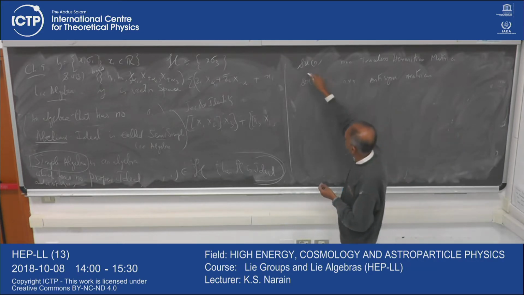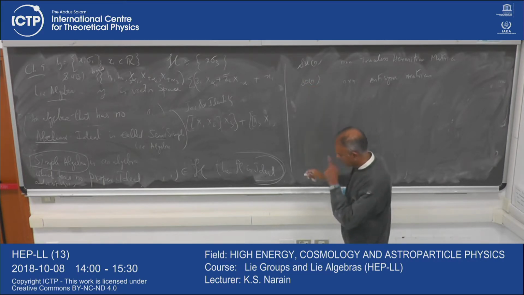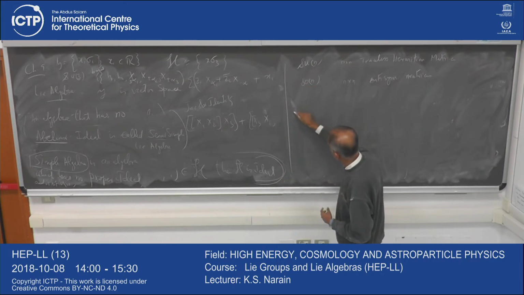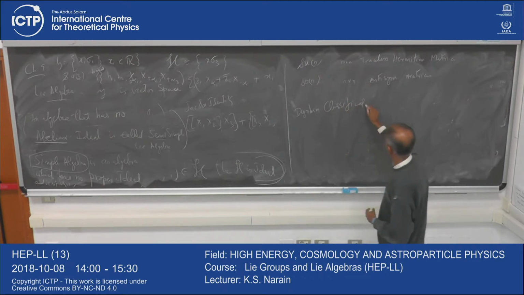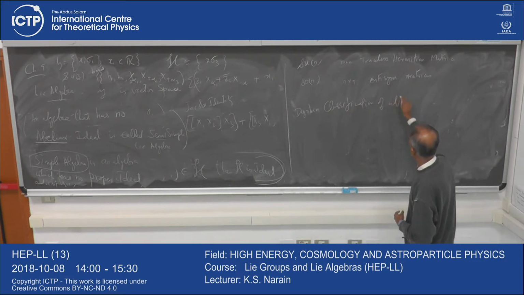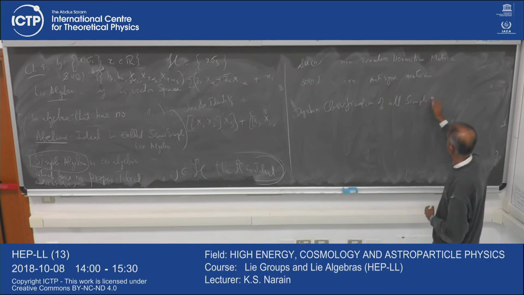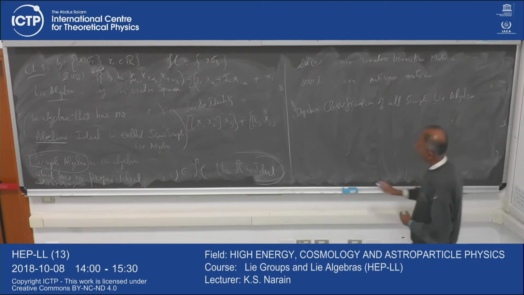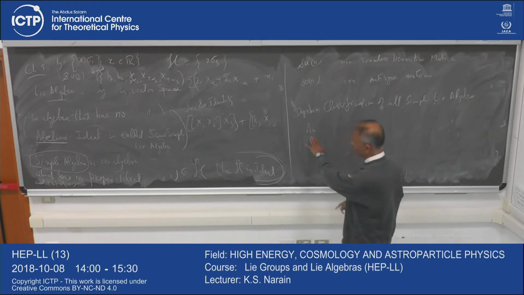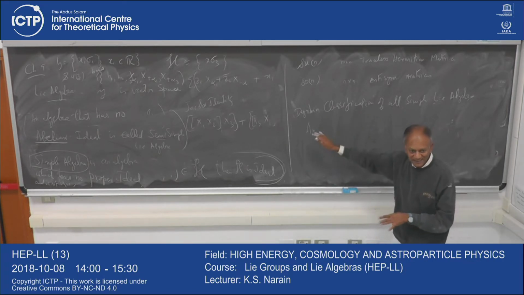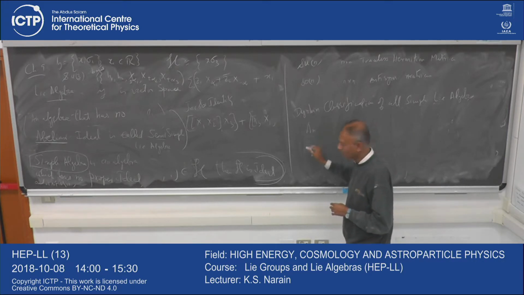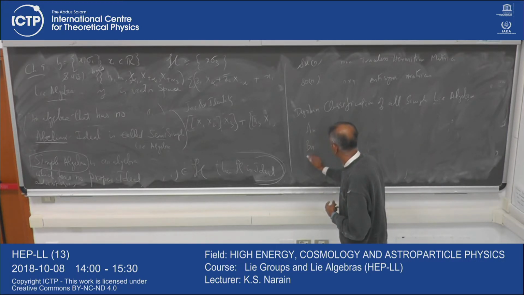Actually there's a classification, which we will see in the end, called the Dynkin classification of all simple Lie algebras. The series which is called An, I'm just mentioning, don't think that I'm not explaining anything. This is just terminology, nothing more. We will come back to that towards the end. Bn, Cn, Dn.